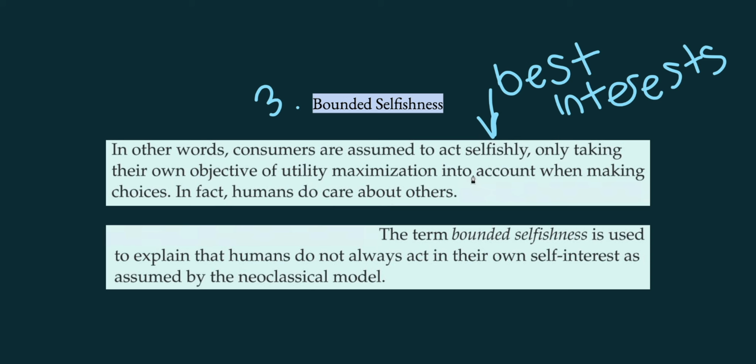Hence what I was talking about before with charity, or boycotting brands that use child labor like Shein, or boycotting Nutella because they're destroying the environment. So the term bounded selfishness is used to explain that humans do not always act in their own self-interest, as assumed by the neoclassical model, also just known as the presumptuous model or basic model, let's say. But we'll introduce this term later on.